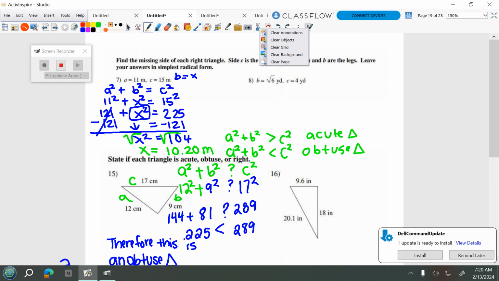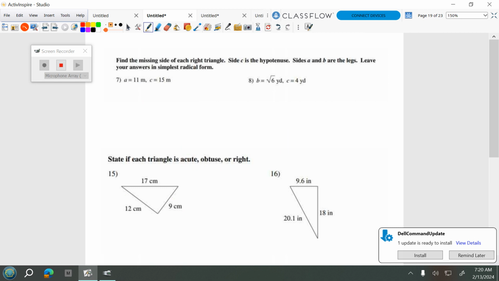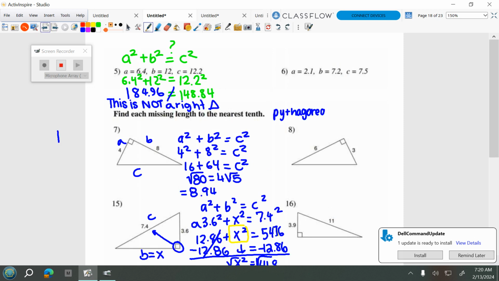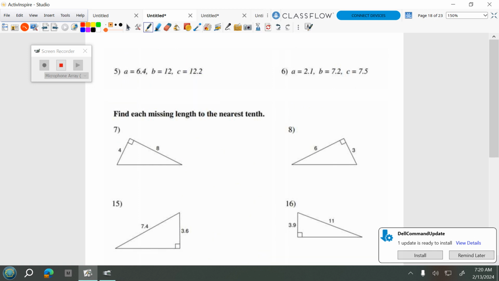On the next page, we have the same type of problem. We're testing whether or not a right triangle exists, with the exception that this time they only give us side lengths.